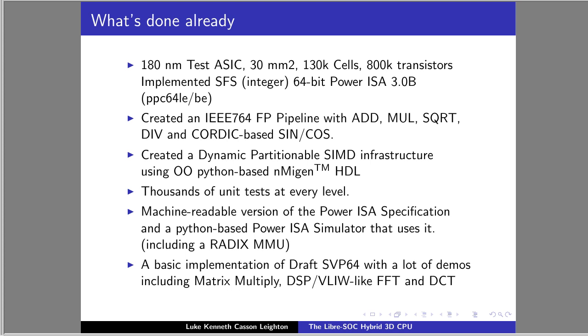So what we did was we literally took the Power ISA PDF, did a process of extracting the pseudocode from the actual PDF specification, made it machine readable and made it executable by creating a compiler in Python, which turned that pseudocode into actual executable Python.